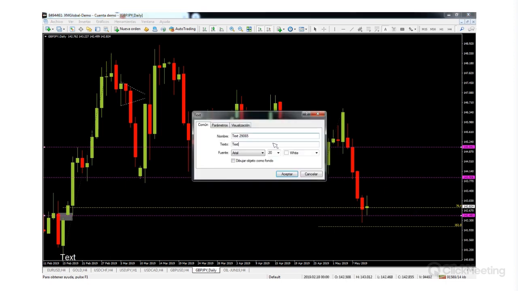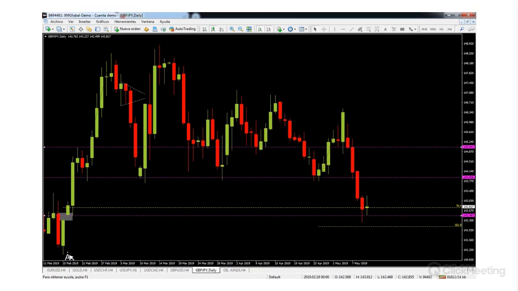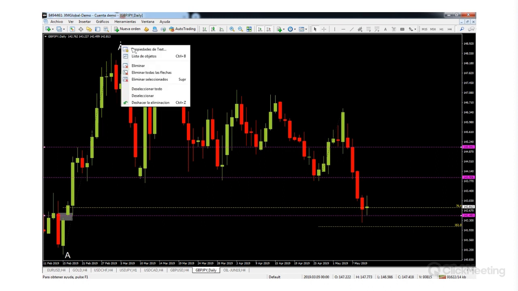I'm going to be pointing out the A to B move for you guys because I know that sometimes it doesn't make sense to just say A to B move. So this is the low, the A point, and this is the high, the B point. All right.